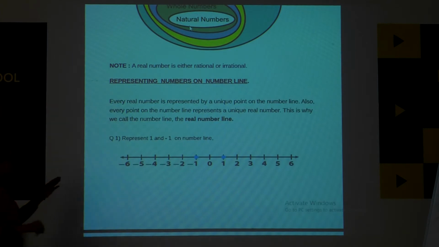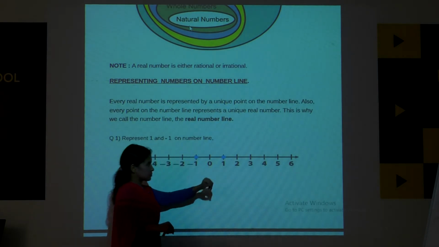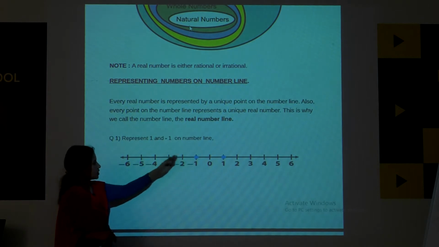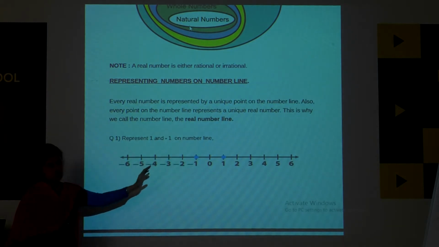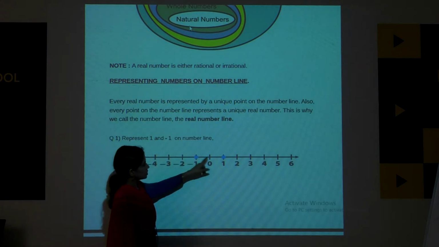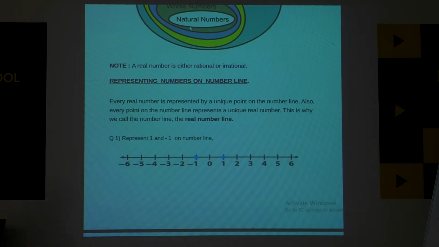So, here is our number line. 1, 2, 3 etc. are natural numbers. We can represent them here. 0 is a whole number. Minus 1, minus 2, minus 3 etc. are integers. So, 1 is here and minus 1 is here. What about the rational numbers?